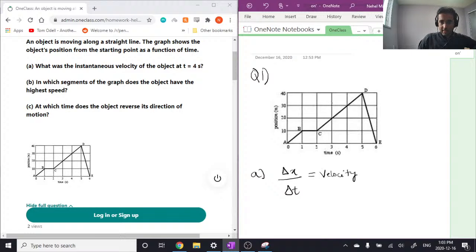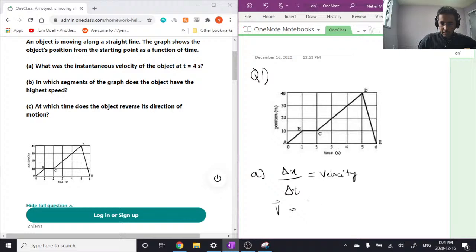So for the section C to D, we need to calculate the velocity, and that's given by this formula. So therefore, velocity is equal to delta x. So delta x from C to D is the point D minus the point C. So the D y coordinate is 40, and similarly the y coordinate for C is 10.